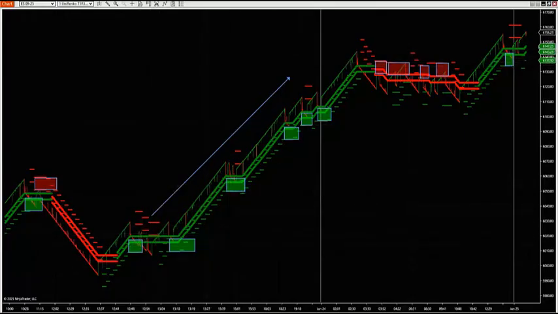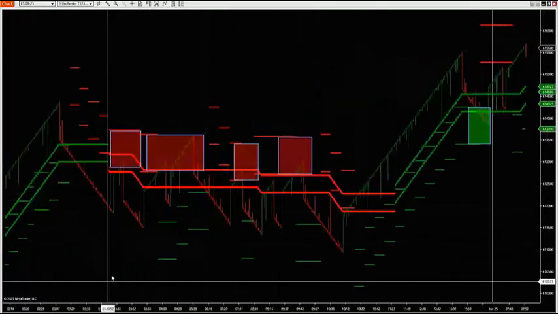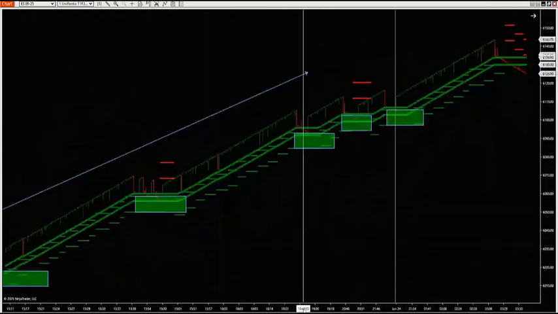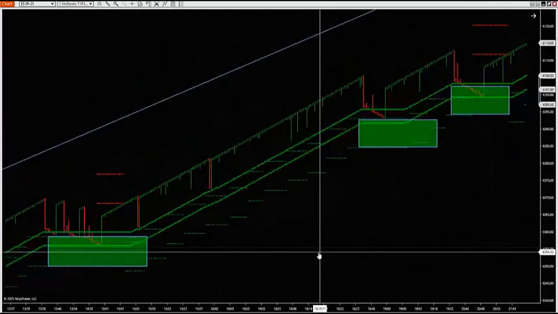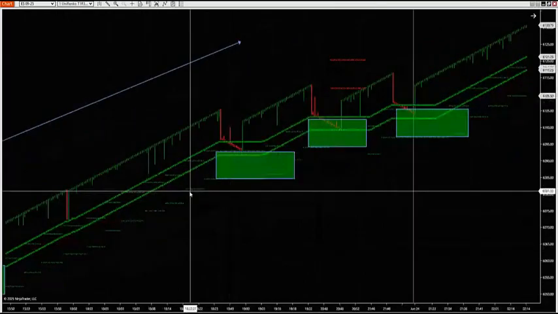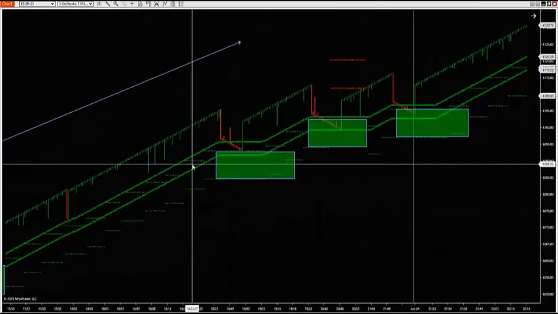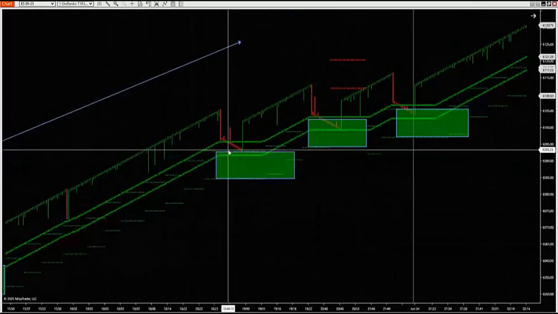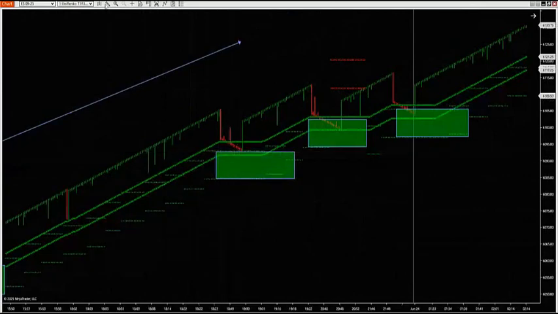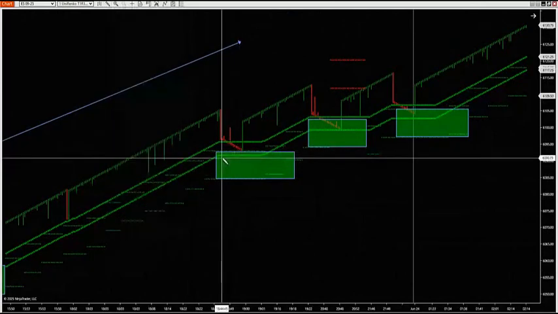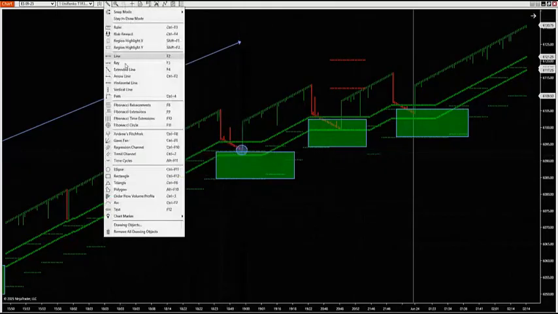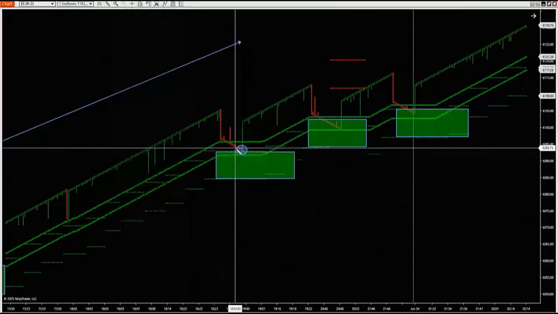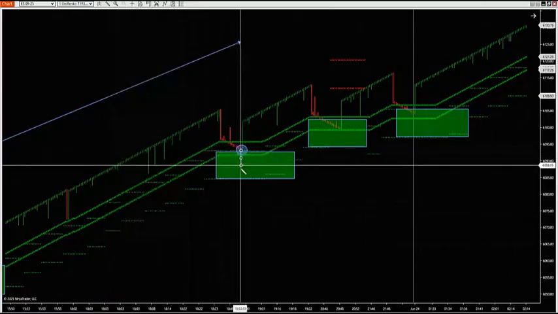Here's our standard zones. So the standard zones will look like this. These are buy zones. So you'll see these little dash levels. These are buy zones. When it comes at the zone or inside of the zone, it can be at it or inside of it.